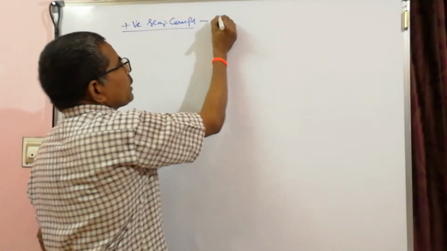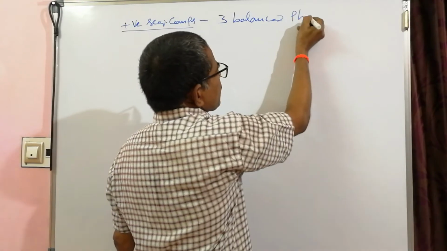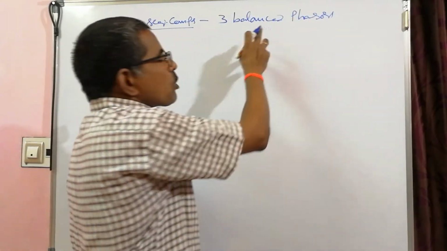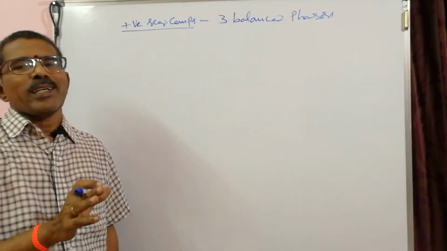These are the 3 balanced phasors. Balanced means with identical magnitudes and having an interphase angle of 120 degrees.